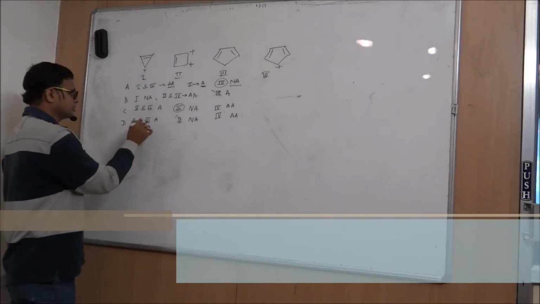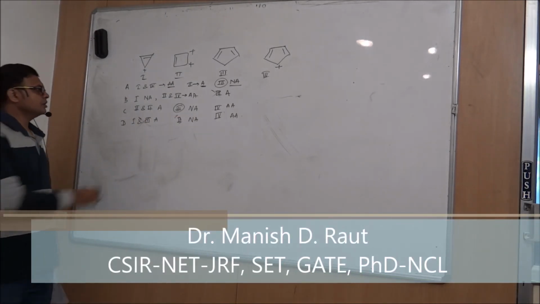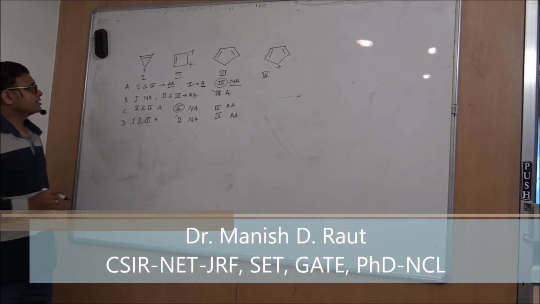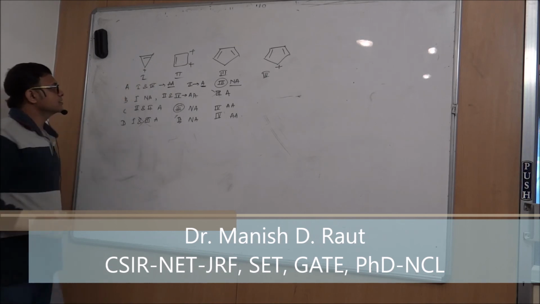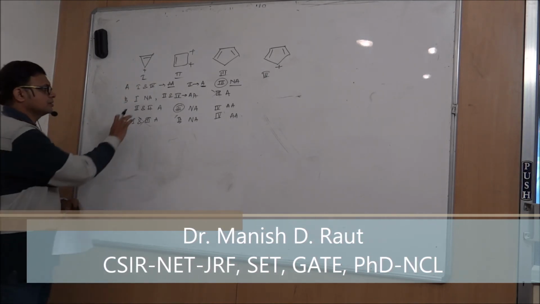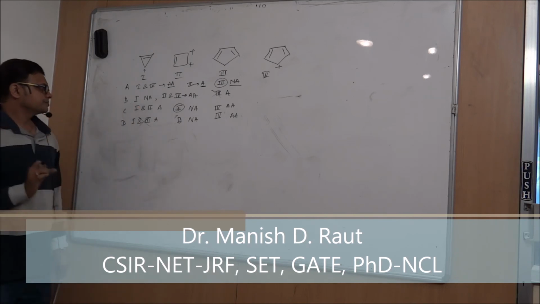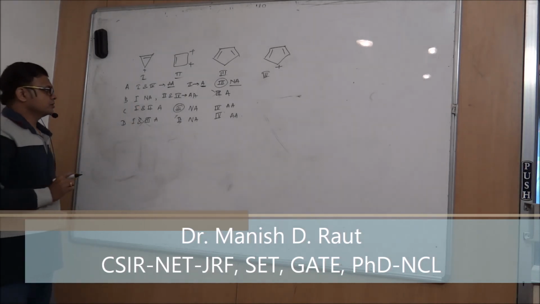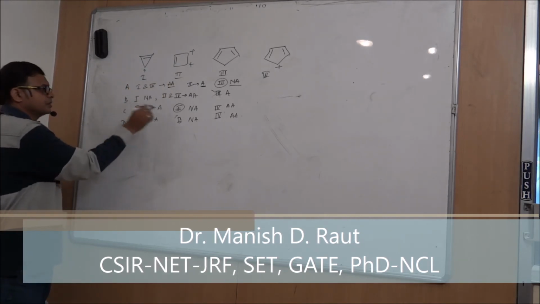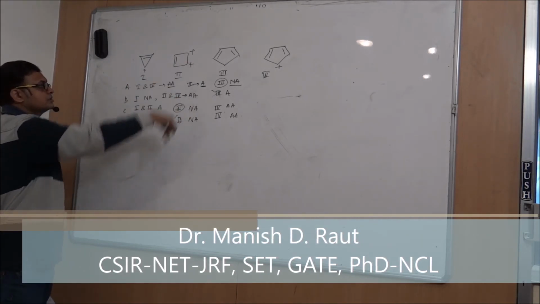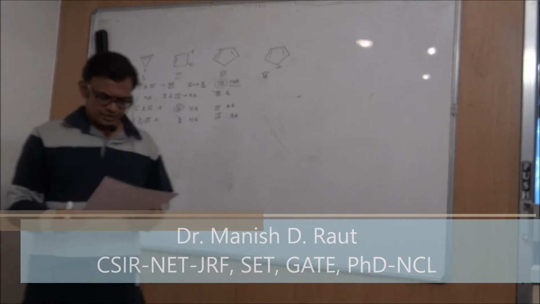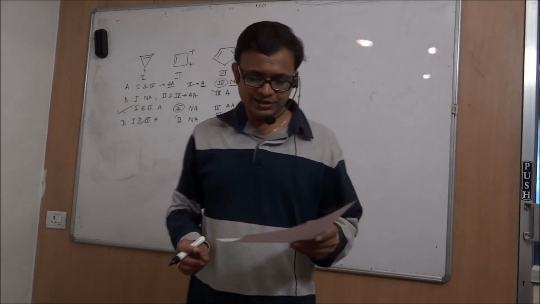So either A or C. 1 and 2 aromatic, or 1 and 4. Third one option is wrong. 1 and 2, option C. So 1 and 2 are aromatic. 1 is aromatic, 2 is aromatic. Third is non-aromatic, fourth one is anti-aromatic. Simple. So 13, 14, 33, 34, 35.